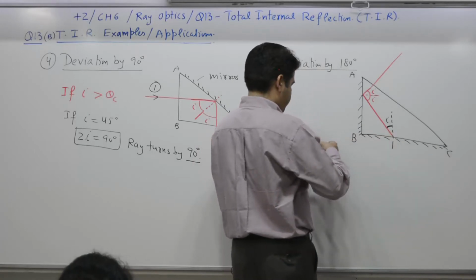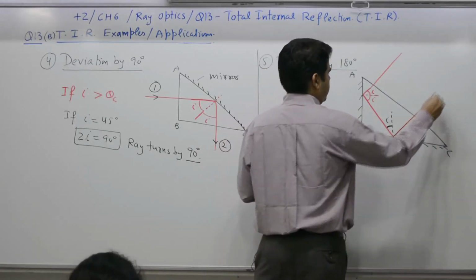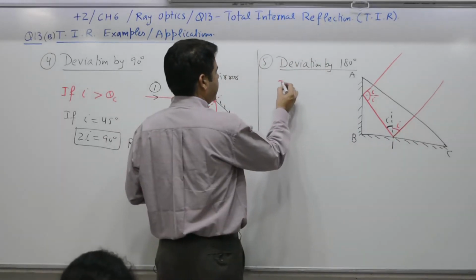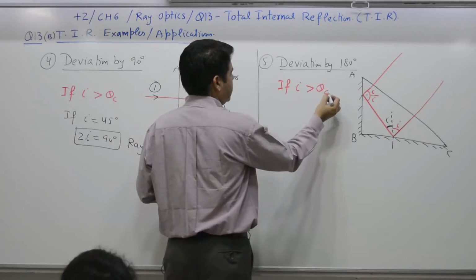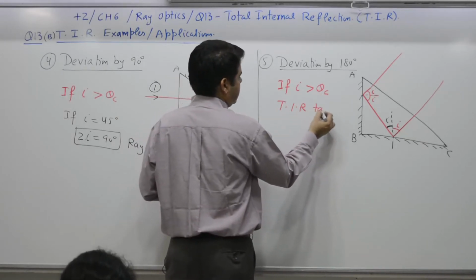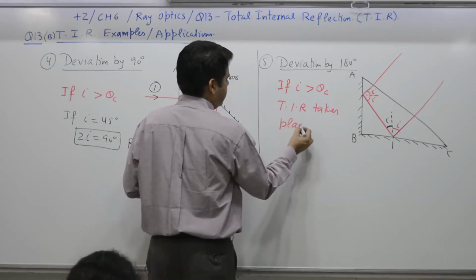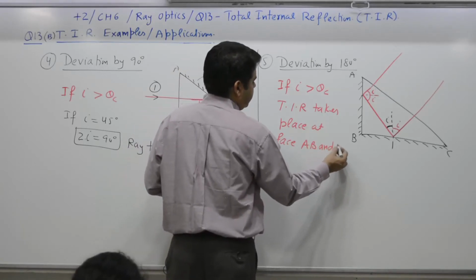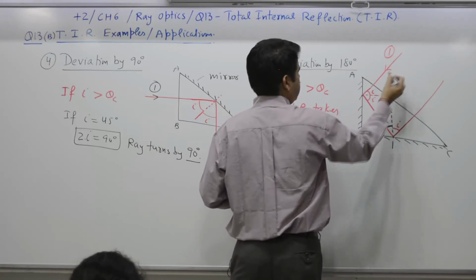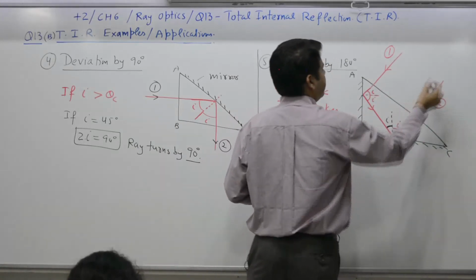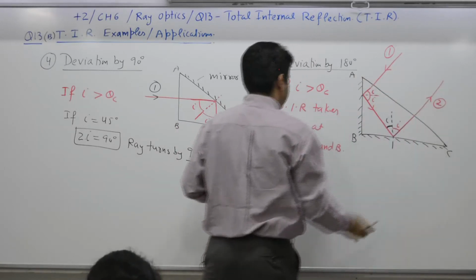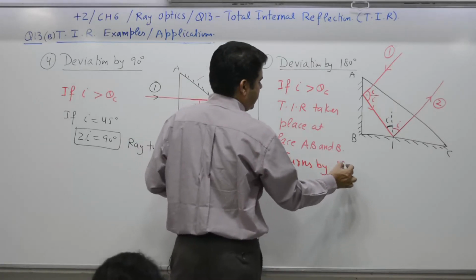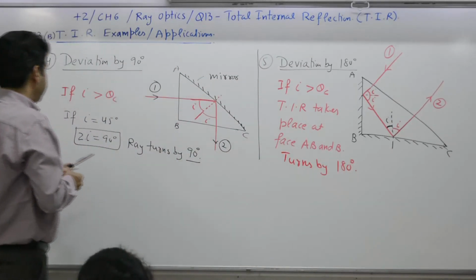So this ray moves again at angle I. That means if I is more than theta critical, TIR takes place at faces AB and BC. Ray number 1 moves parallel to itself, moving back as ray 2. The ray turns by what angle? 180 degrees.